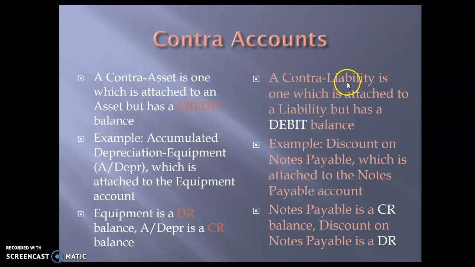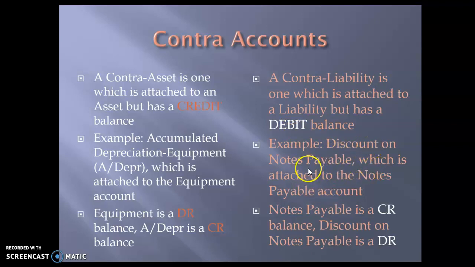We could have a contra liability. That's one that's attached at the hip to a different liability account, but it has an opposite balance. A liability has a credit balance, but a contra liability would have the opposite, which would be a debit balance. Here's an example, discount on notes payable.